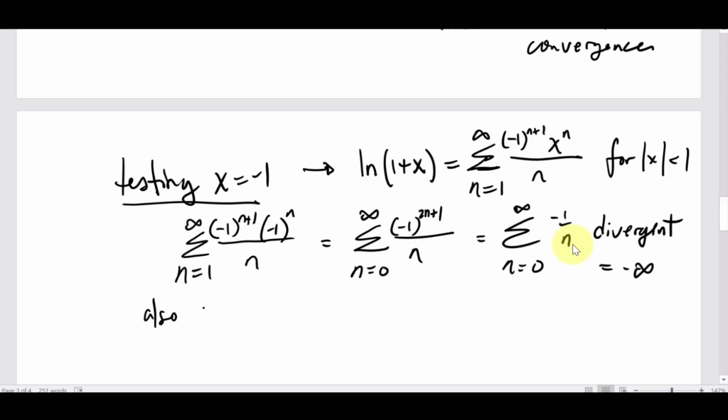And since the harmonic series we know diverges to plus infinity, we could say that this is diverging to minus infinity. And it just happens also that if you put -1 into this function, ln of 1 plus -1, you get the ln of 0, which is undefined, but we know that it is approaching minus infinity as you get close to that x equal -1 point.